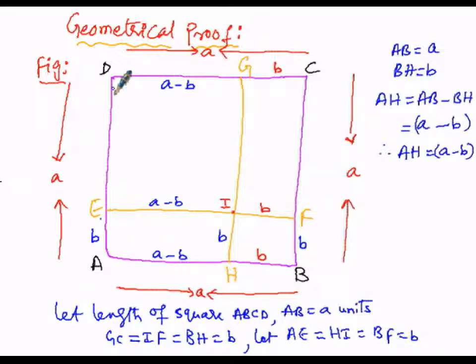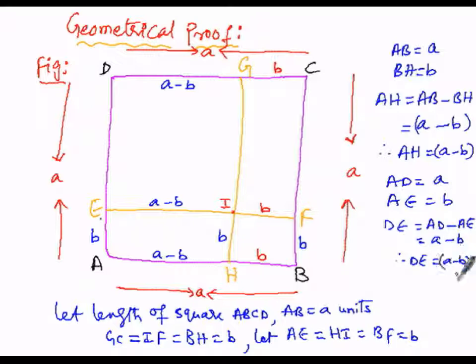Here AD is A units and AE is B units. Therefore I will be getting the length of DE as A minus B units.